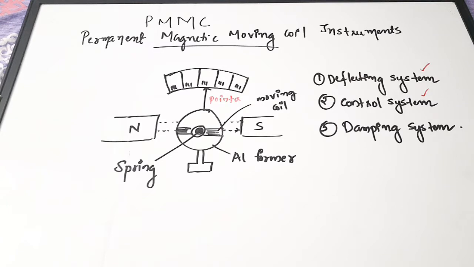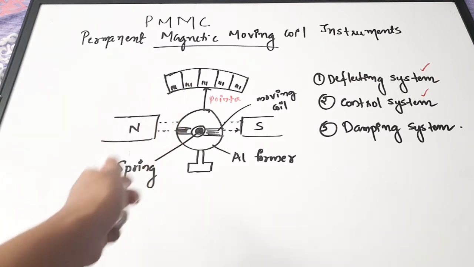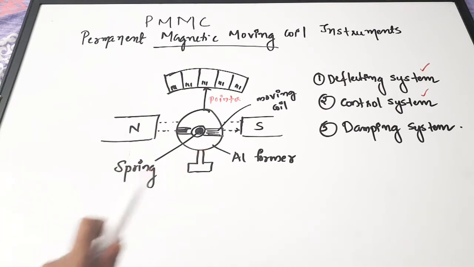The third one is the damping system. Once the coil has moved, it has to come back to the initial or steady state after making the reading. This is provided with the help of a damping system.